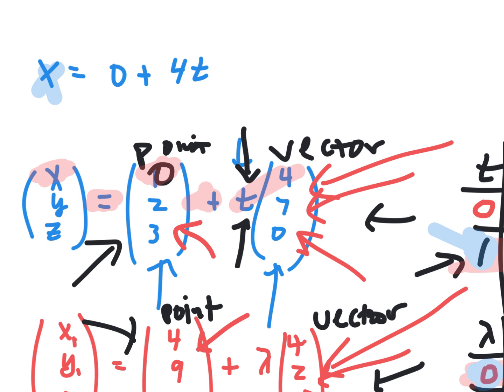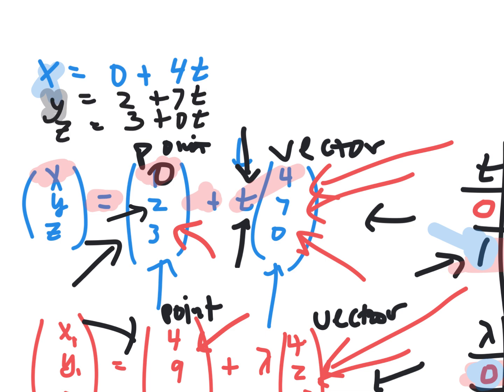Would you please make the other two? y equals, and z equals. y equaled 2 plus 7t, and z is 3 plus 0. I'm going to put plus 0t, even though it is just z equals 3, because 0t just disappears. It's just z equals 3.